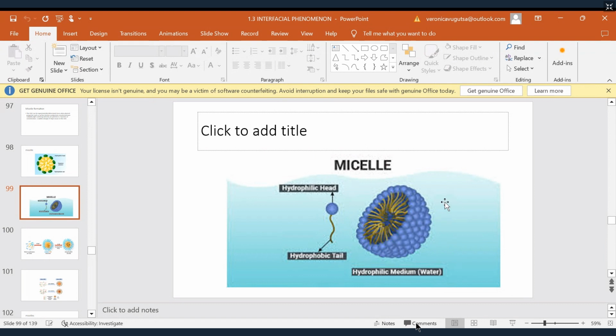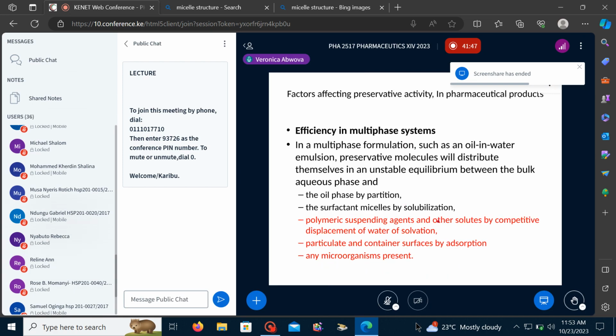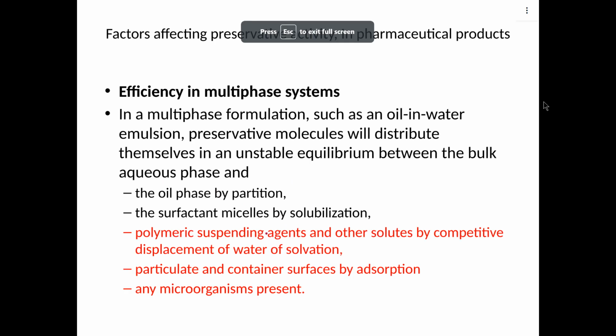Any other substance that preferentially prefers hydrophobic properties or environment can also get solubilized in here. So that's why we are saying that if you have a preservative in a product that has micelles, it's possible for the preservative to actually get sequestered within the micelle.